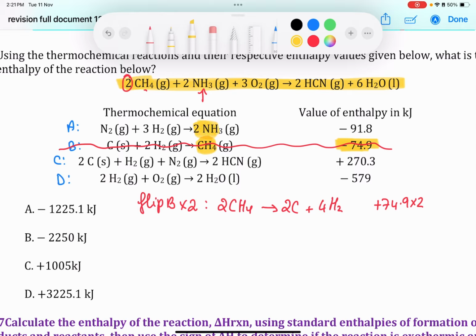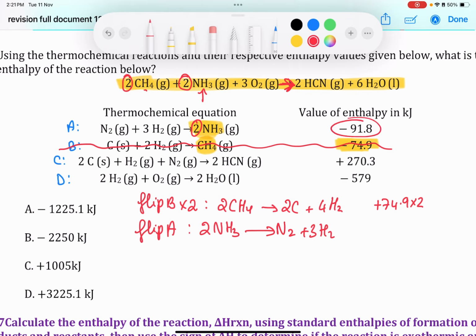Here is NH3. I want it on the reactant side. Be careful, here's the arrow. I want it on the reactant side, so I'm gonna flip A. But there is 2 next to it, already there's 2. So just flip A. So 2 NH3, N2, and 3H2. Now for this, I'm gonna flip it. And I'm done with A.